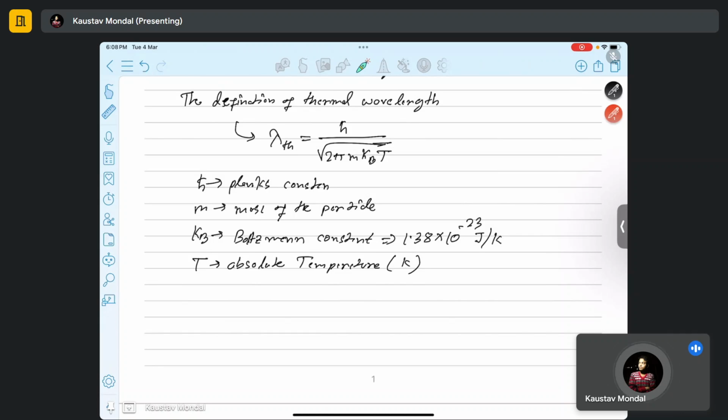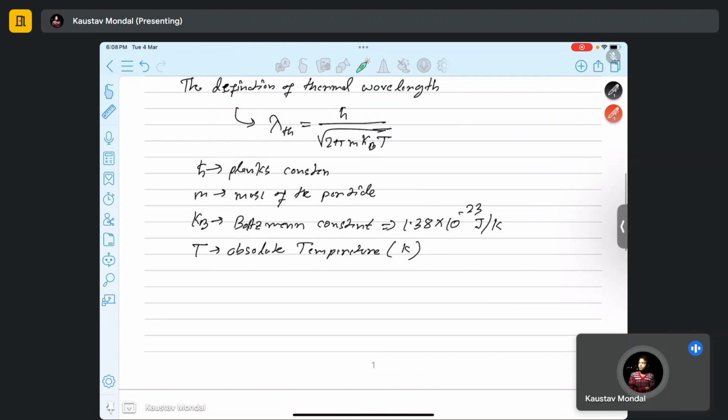The physical meaning is that the thermal wavelength characterizes the scale at which quantum effects become important. Why do we need this lambda thermal?